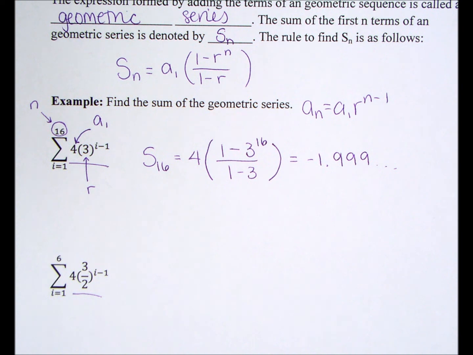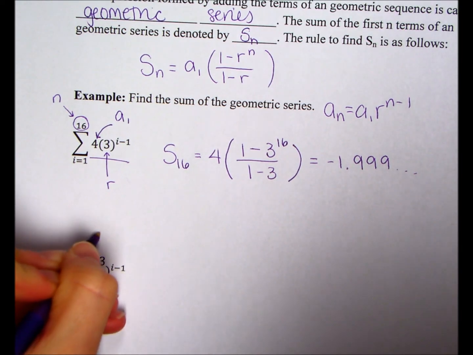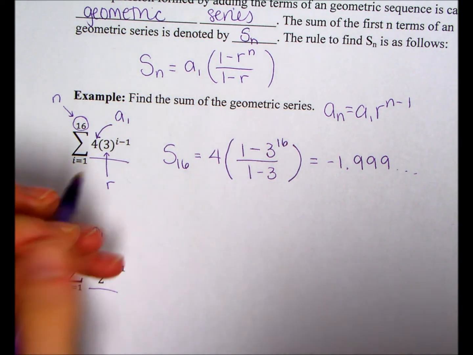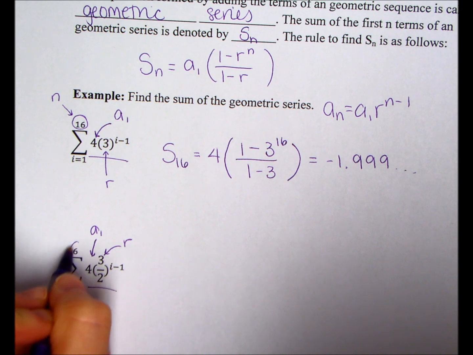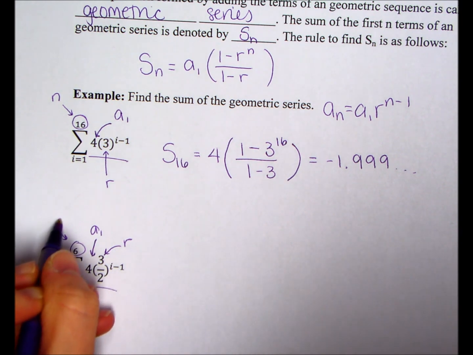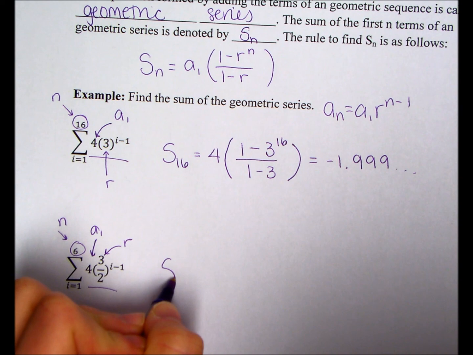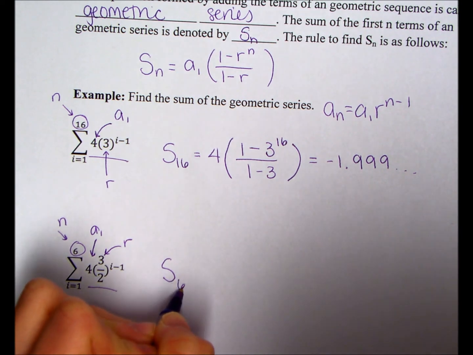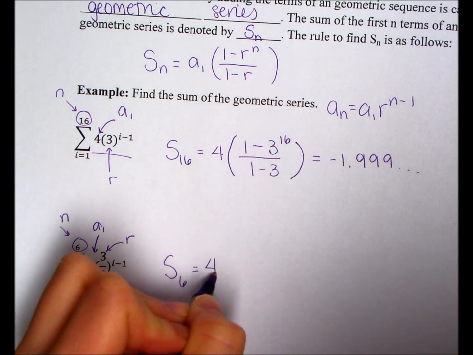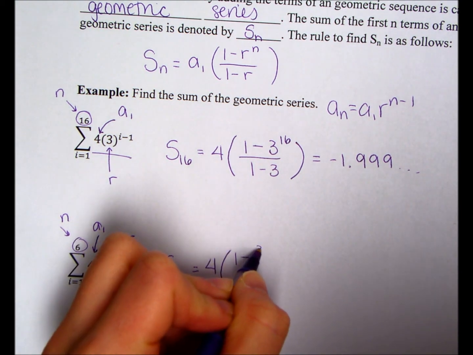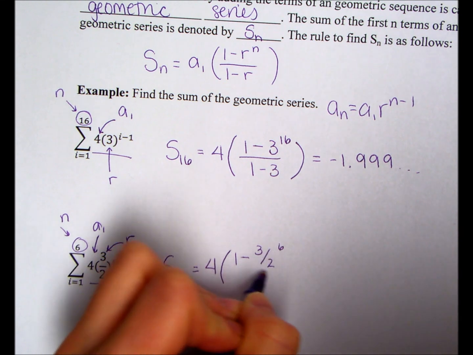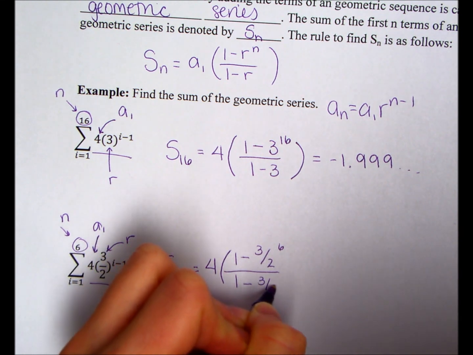So we have 4 times 3/2 to the i minus 1. This is my first term, a sub 1 is my first term. This is my rate, and I'm just going to plug in, this is my n. So I'm going to say S sub 6 is equal to the first term, which is 4, times 1 minus the rate, 3/2, to the n, over 1 minus 3/2.